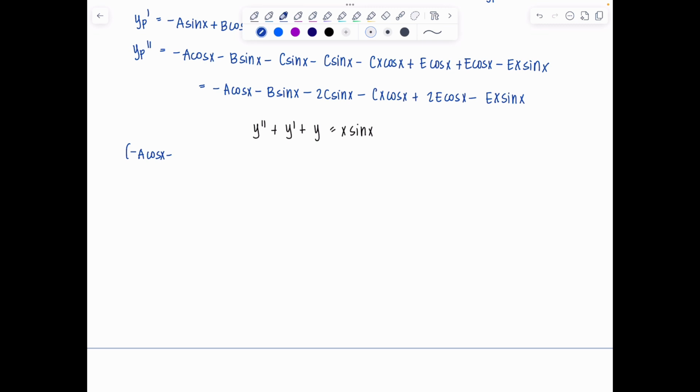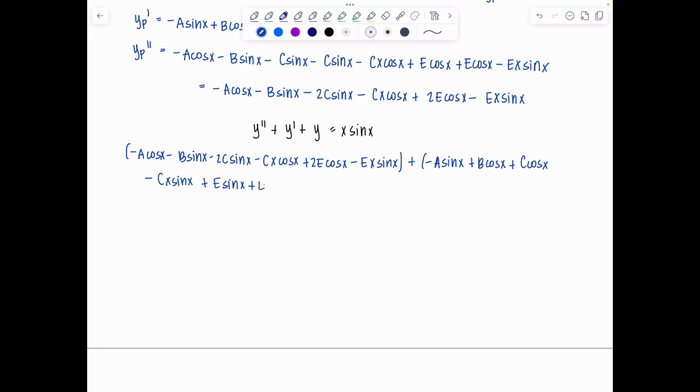Negative A cosine x minus B sine x minus 2C sine x minus Cx cosine x plus 2E cosine x minus Ex sine x, plus negative A sine x plus B cosine x plus C cosine x minus Cx sine x plus E sine x plus Ex cosine x, plus y, so A cosine x plus B sine x plus Cx cosine x plus Ex sine x, equals x sine x.